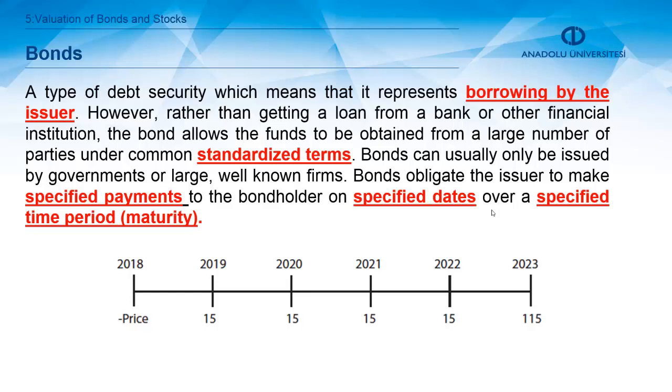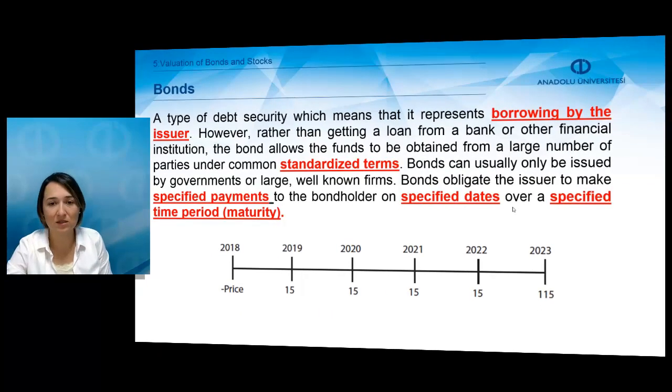So interest rate is 15%, and each of the 5 payments is called coupon payments, and if not specified as other terms, it is made yearly. Each year borrower pays $15, and in the end of the period, in the end of the 5th period, together with 15, bondholder repays principal, which is $100 in this example.